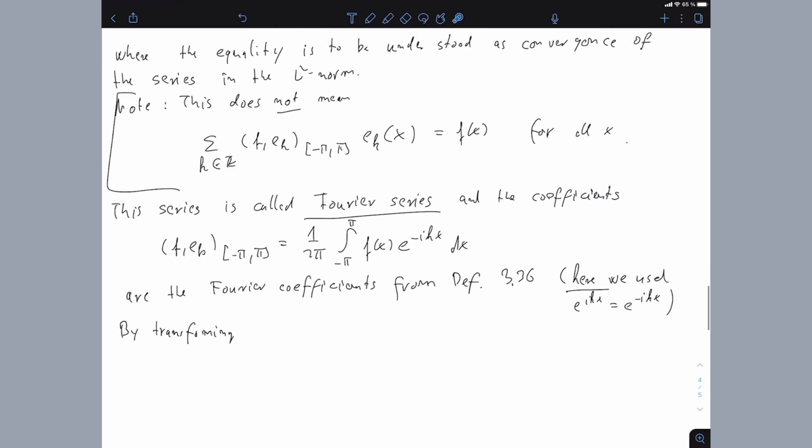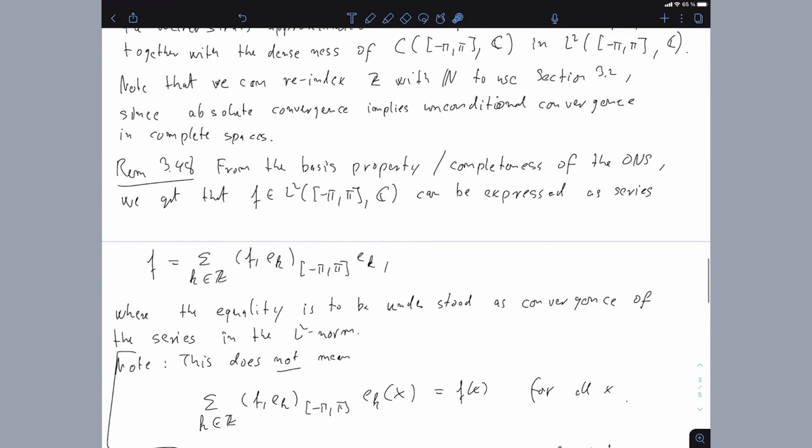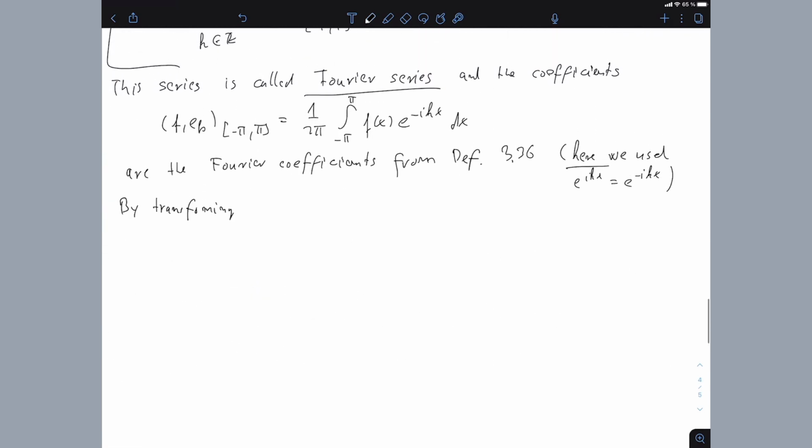What I have said here was specifically for minus pi, pi, but we can easily transform this to minus b, b as follows.